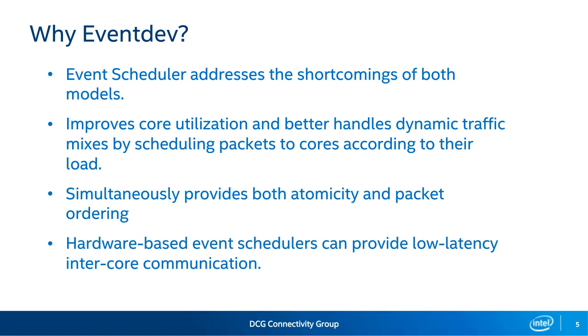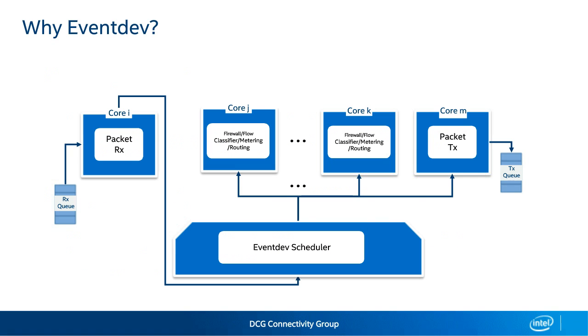But the couple of beautiful things about this implementation is that eventdev is available as a library in DPDK, but it's not really dependent upon any one particular processor or hardware feature or anything like that, right? So actually, Cavium is coming up with their own hardware scheduler, so eventdev can run on top of that.